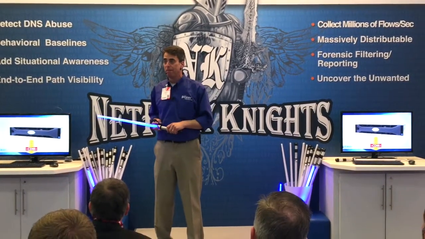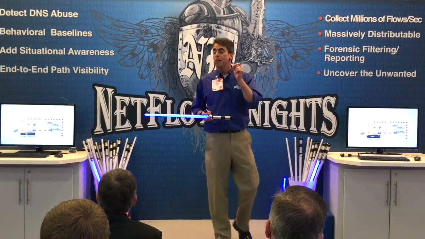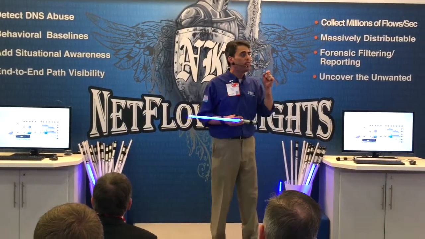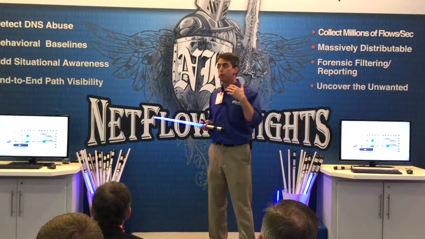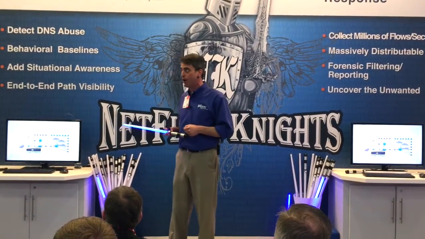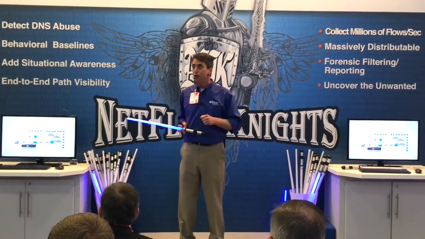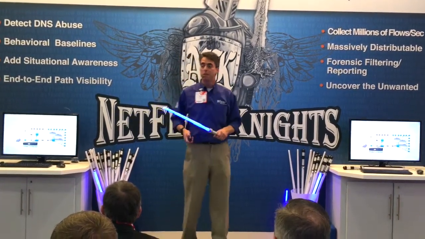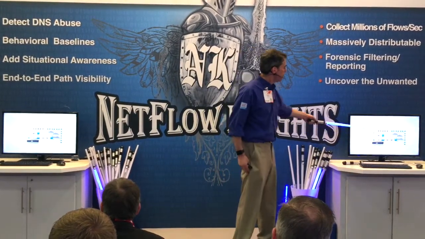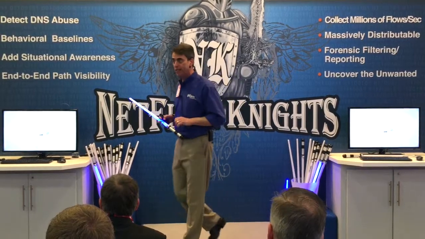In fact, a single Scrutinizer appliance, just one, is capable of collecting and processing over 150,000 flows per second from your routers, switches, wireless access points, and Cisco ASA firewalls. That's a massive amount of flow data. But maybe you want more. So to scale that collection capacity into the millions, we can strategically place collectors on different areas of the network, even all over the world if necessary.